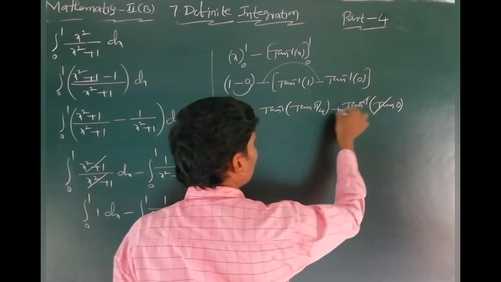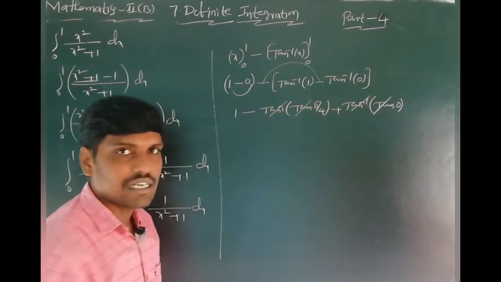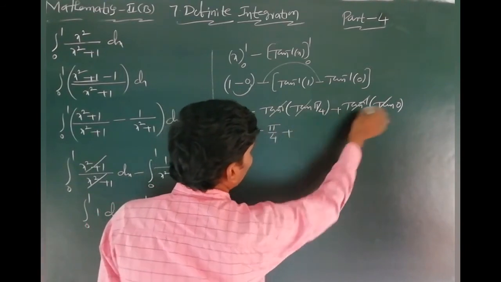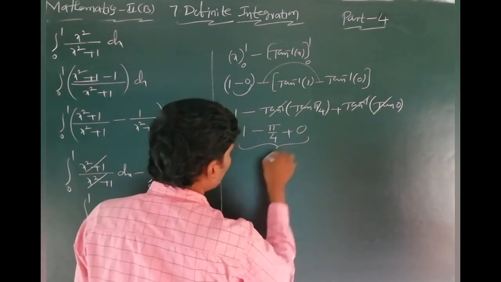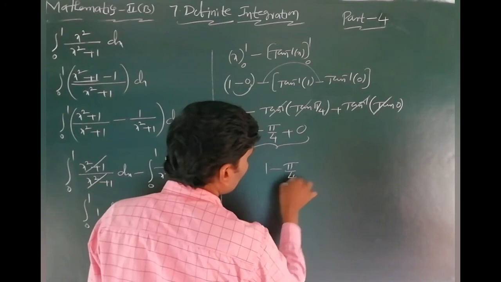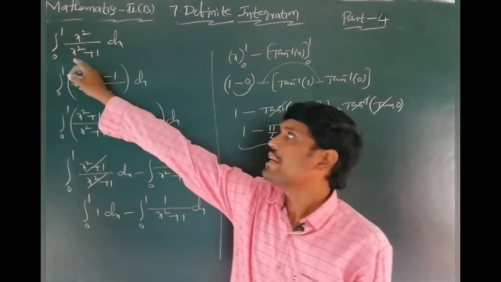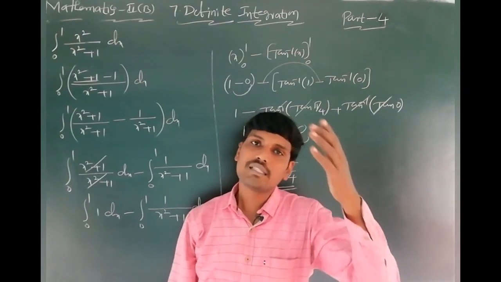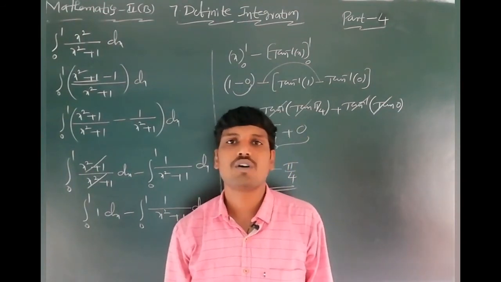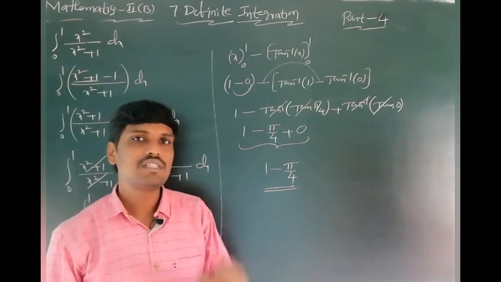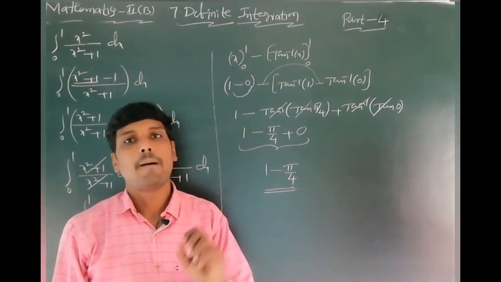Tan inverse gets cancelled. Tan inverse gets cancelled. You get 1 minus pi by 4 plus 0. 1 minus pi by 4 plus 0 value is what here? 1 minus pi by 4. This is the value of integral 0 to 1, x square by x square plus 1 whole dx: 1 minus pi by 4. This is a very important 2 marks problem.